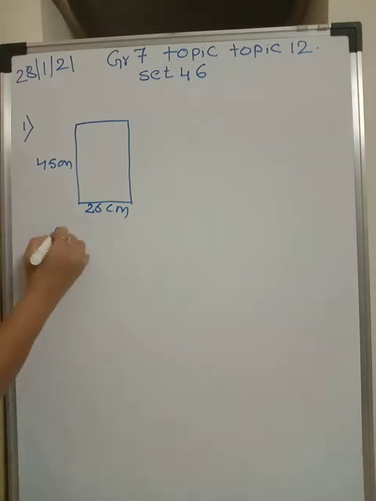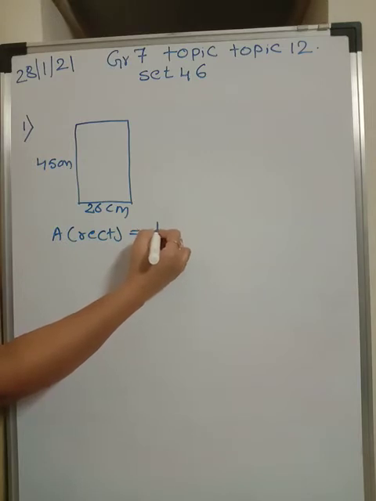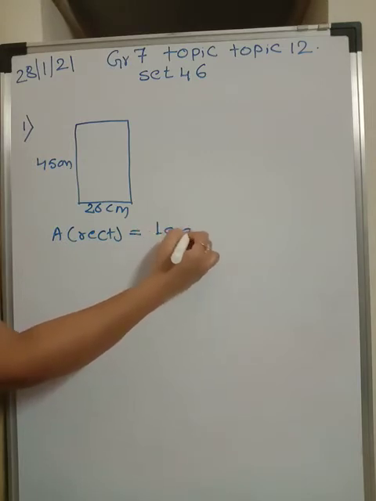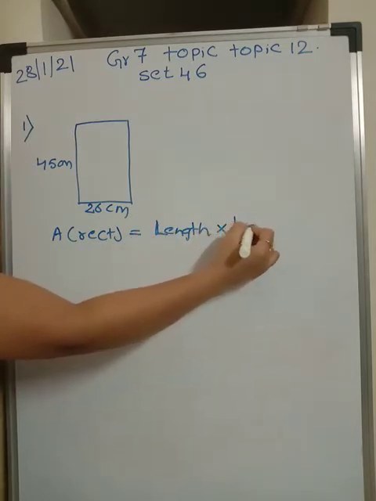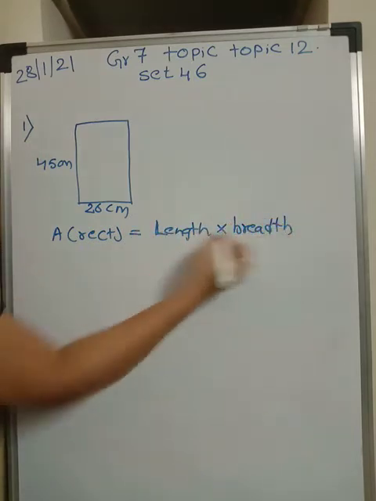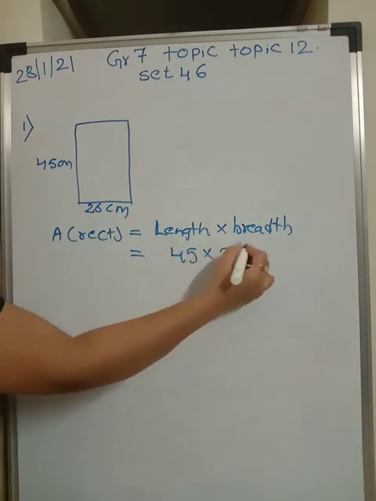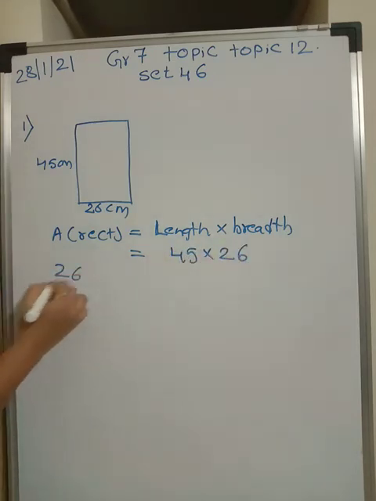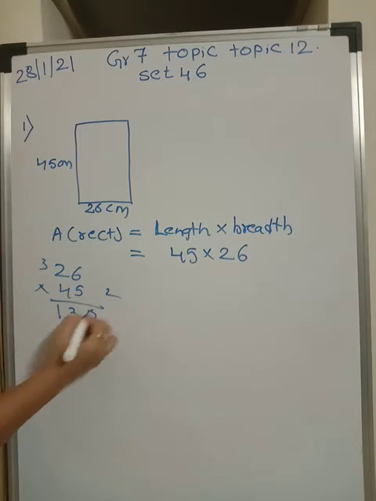So simply, the area of a rectangle is equal to length into breadth. So this is nothing but 45 into 26. Let us quickly calculate 26 into 45. 5 sixes are 30, 5 twos are 10 and 3 is 13, 24, 4 sixes are 24, 4 twos are 8 and 2 is 10.